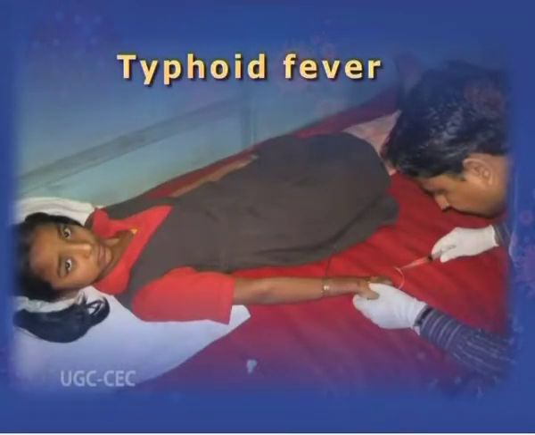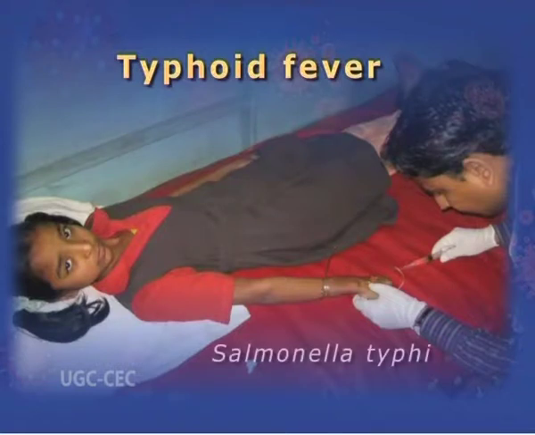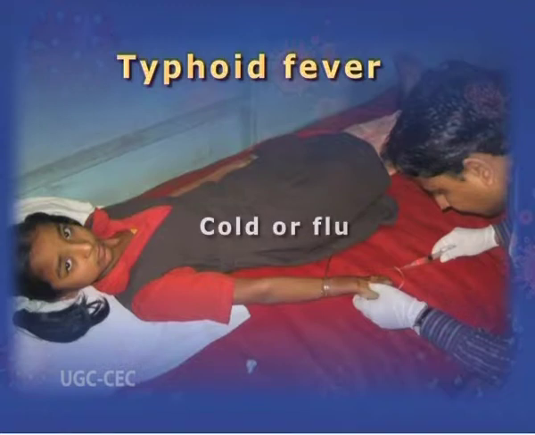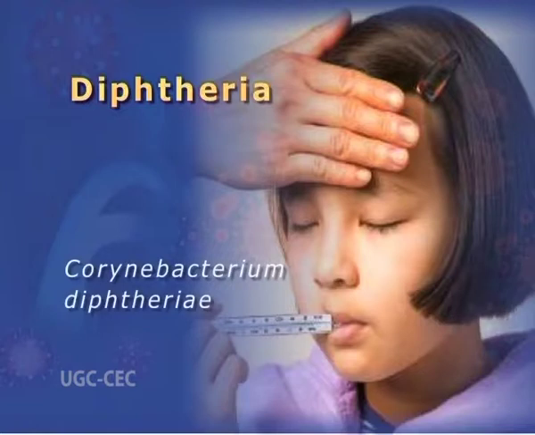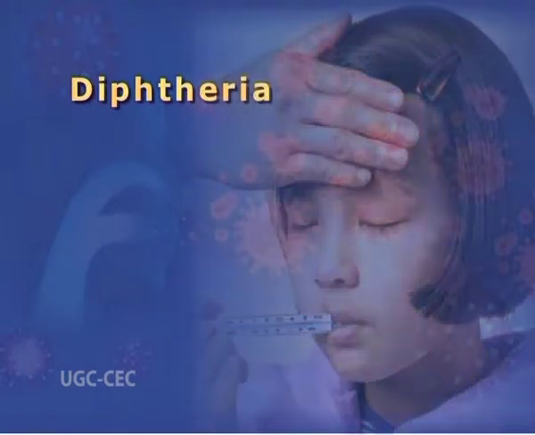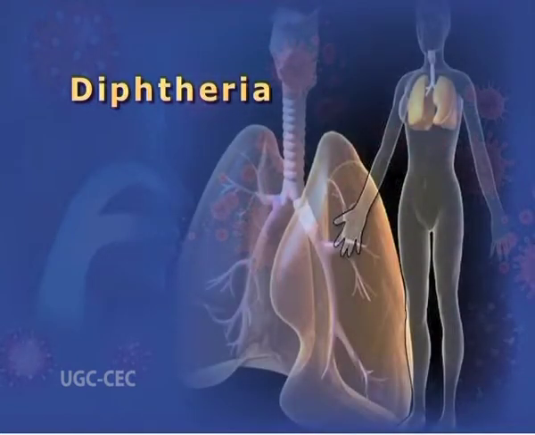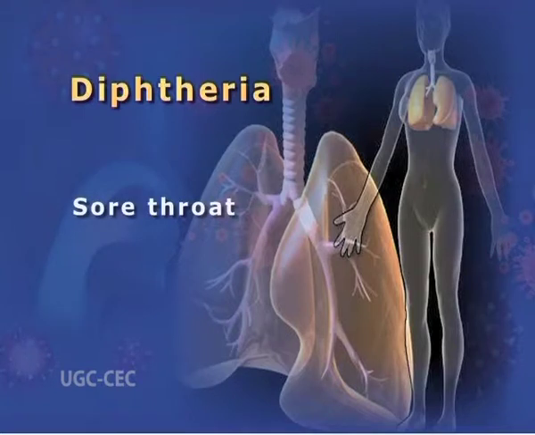Typhoid fever. Causative agent Salmonella typhi. Symptoms: cold or flu-like symptoms and general debility. Diphtheria. Causative agent Corynebacterium diphtheriae. Symptoms: an upper respiratory tract illness with sore throat and low fever.